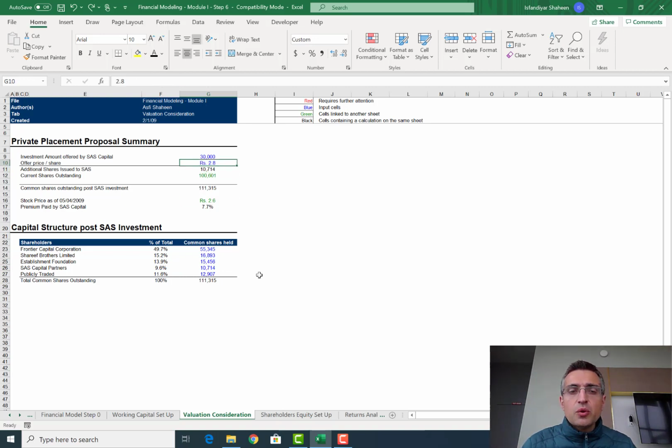So don't get too hung up on whether 2.8 is the right number. We will figure that out once we build the dashboard, and we'll figure out what the right ranges are to play with. Again, the purpose of the financial model is to help create a visual of this cone of possibility.